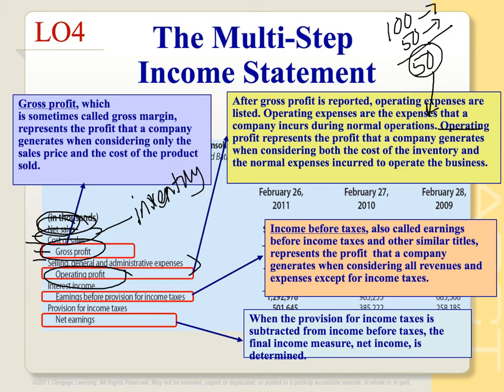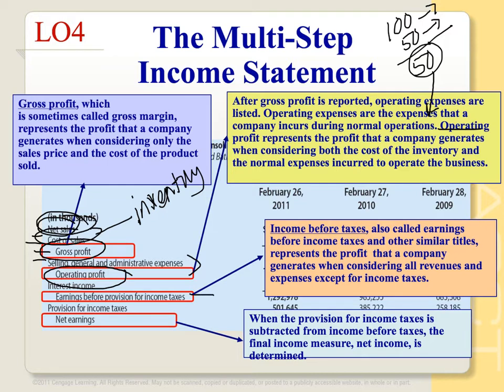Operating profit is that profit that you get from just operations. So that doesn't include anything else extra that you're doing, like interest income, where maybe you have a notes receivable and somebody's paying you interest. So it is the income strictly from operations.